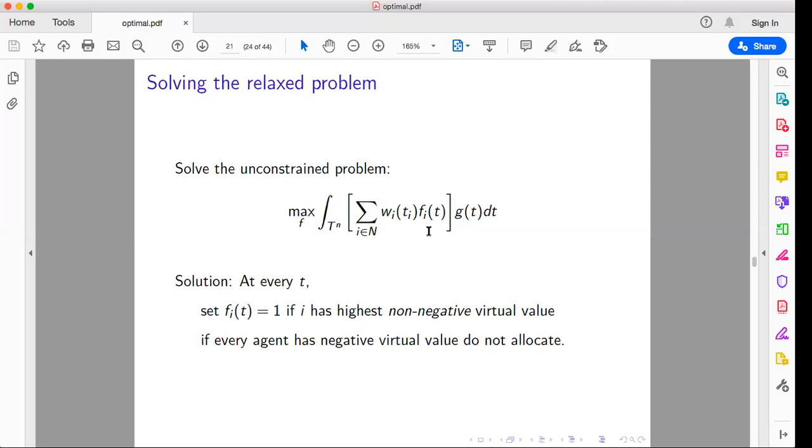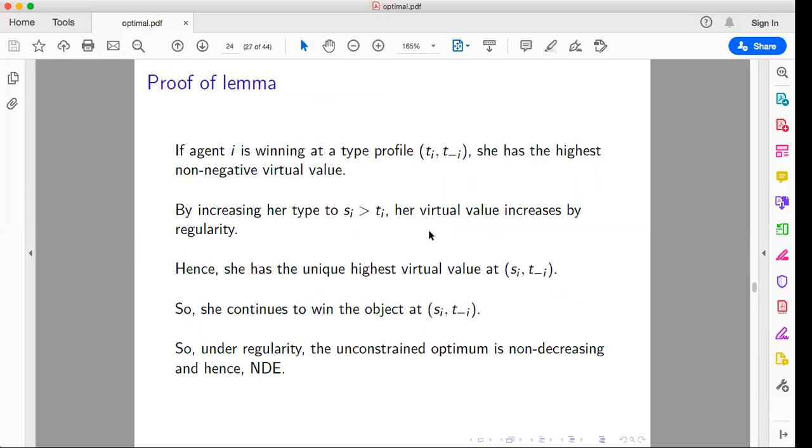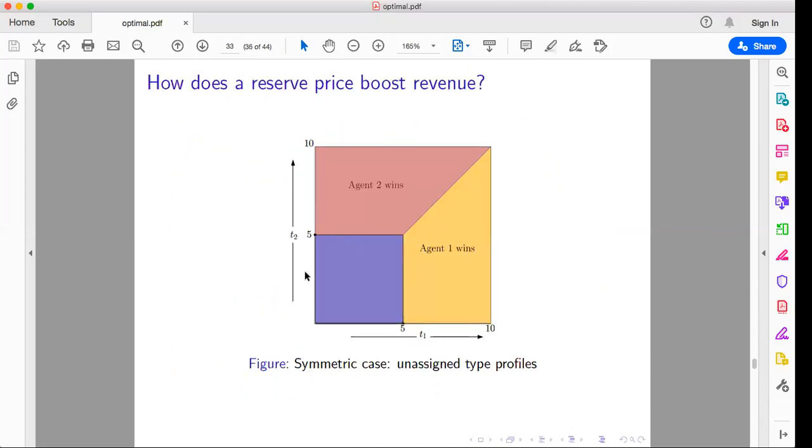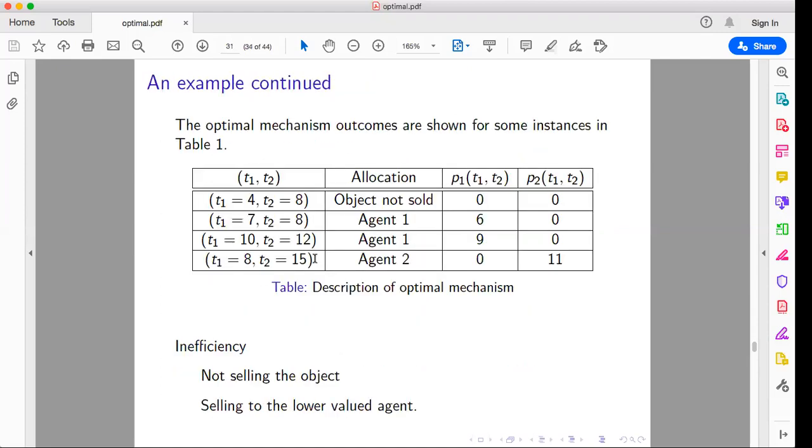Now, suppose as a planner, the government says that you have to allocate the object at every type profile. So the constraint is that something like this blue area is not allowed. You cannot have the case that the object is not sold.